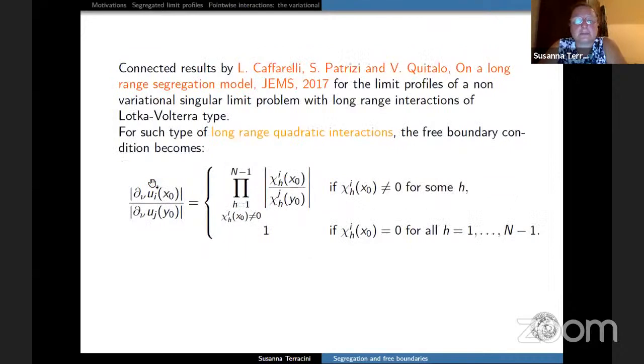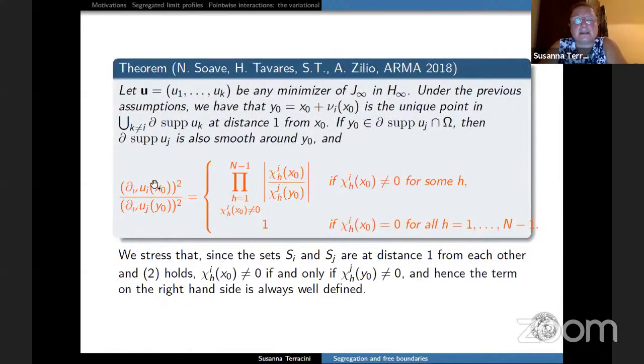In this case, the ratio between the boundary conditions of the components is not constant, not equal to 1, but it equals the ratio of the geometric averages of the curvatures at the two corresponding points.